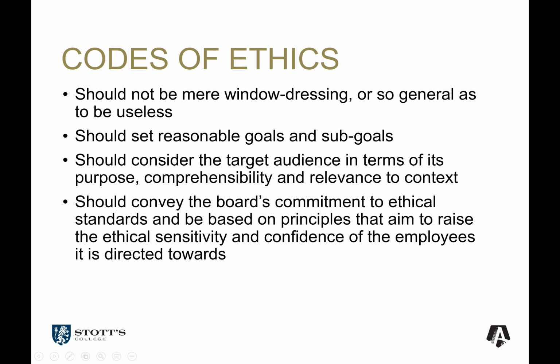So, codes of ethics are statements by the organisation about what is right and what is wrong and how they will behave. In earlier classes, we showed the code of ethics for Nike, the code of ethics for Reebok as examples of ethical codes.